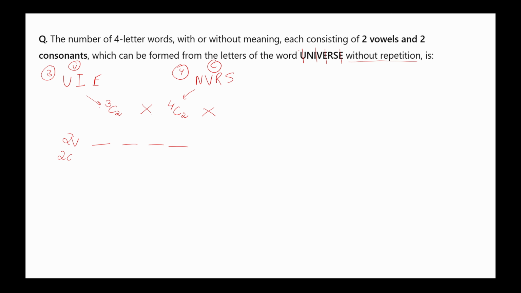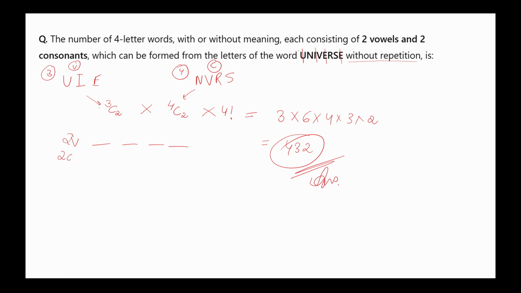Now I can arrange these 4 letters in these 4 spaces in 4 factorial ways. So this would become 4 factorial as well. So what does my answer become? 3C2 is 3, into 4C2 is 6, into 4 factorial. So my answer ultimately becomes 432.